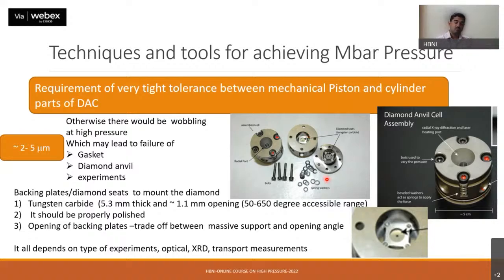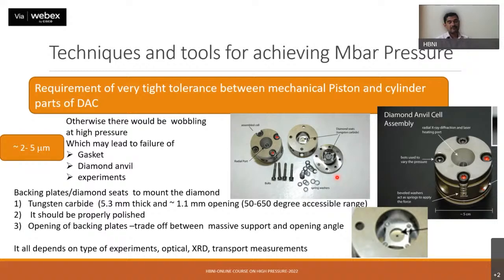You may go for XRD, for optical measurements like Raman, IR, or for transport measurements like resistivity or magnetic moment measurement. What kind of measurement, up to what pressure, and with what kind of attachment, all these things cover the choice of different experimental parameters.